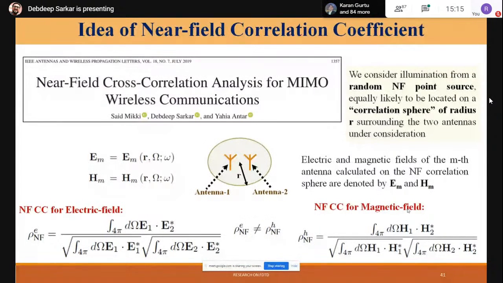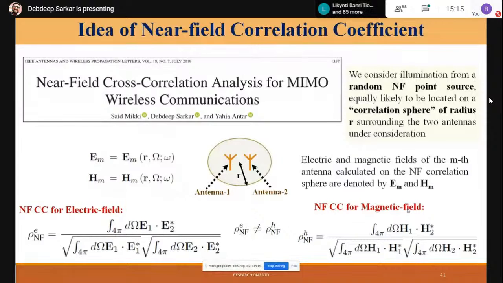Or will we come into the radiating near field zone also? In some situations, can we come even close to the reactive near field zone? Those are the kind of things that present day communication system deployments are posing to researchers. Previously, we could have simply considered our array theory and all those things, but remember, all of that is valid for the far field analysis.